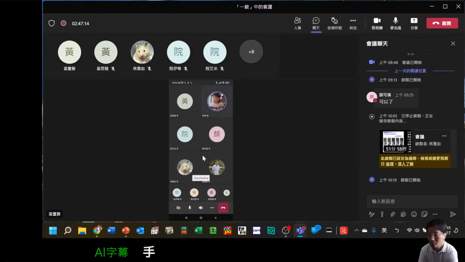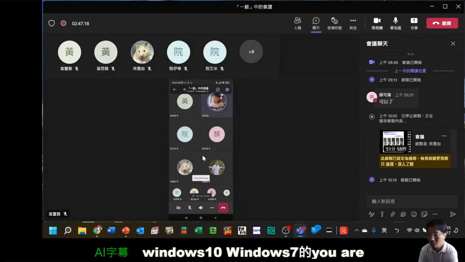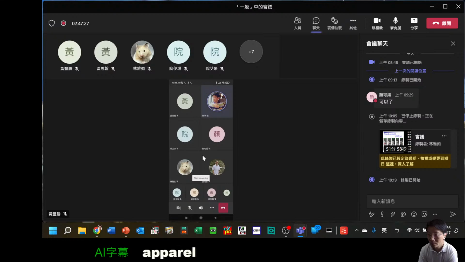So I know that on Windows 10 and Windows 11, you are forced to log in with some organization or your personal account at the beginning when you open your computer.